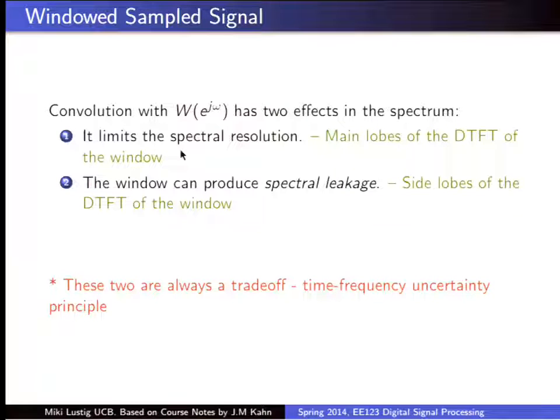It also has side lobes. And the side lobes are going to give me kind of leakage. Because what does it mean that there's a side lobe? That if I have a peak here, that's going to affect peaks over there. Because when I convolve, a peak over here is going to have resulting values over there. So that's spectral leakage. Okay?